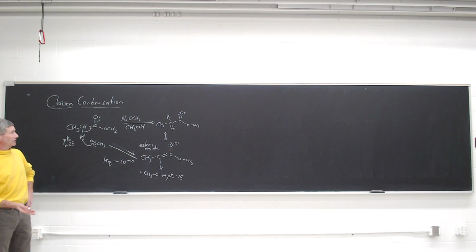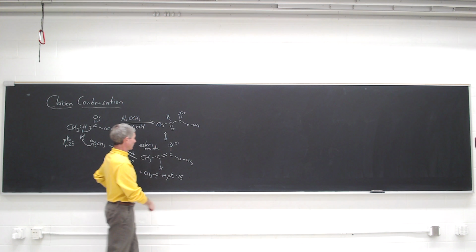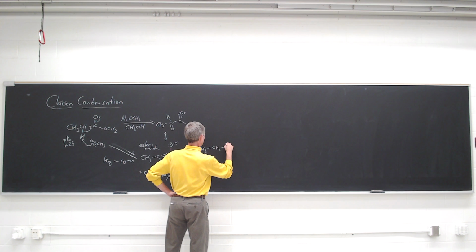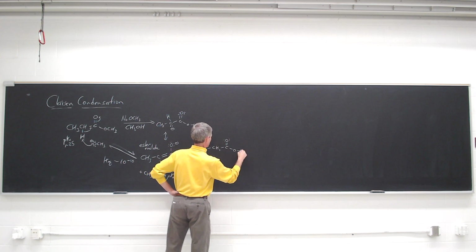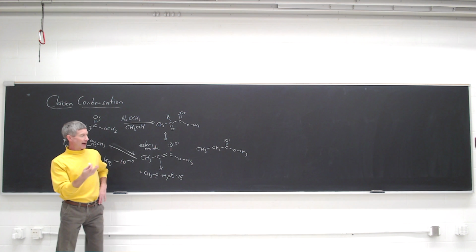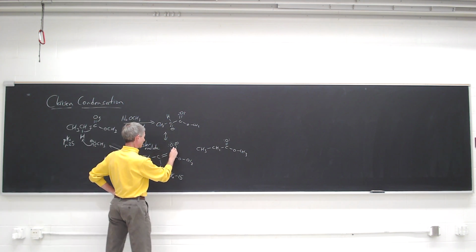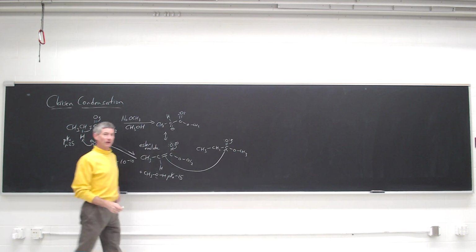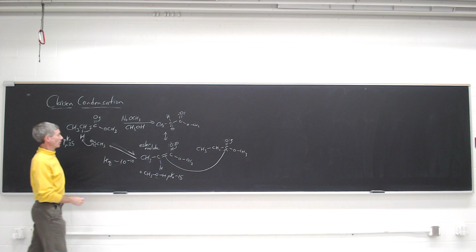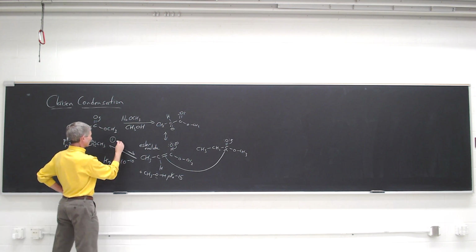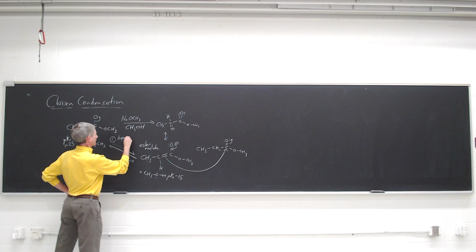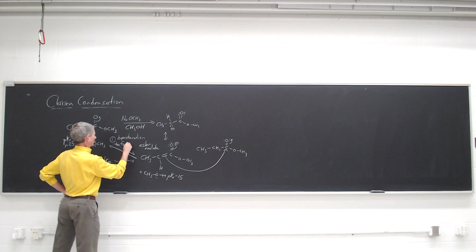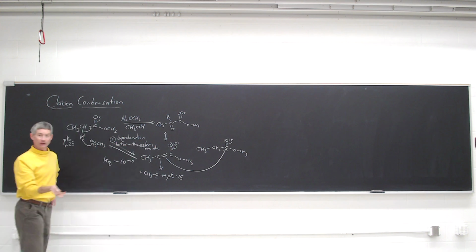There's not much ester enolate in solution, but to the extent that there is, it can now react to form a new carbon-carbon bond as this pi bond is pushed into attacking the carbonyl of another molecule of methyl propanoate. So step one is deprotonation to form the enolate, in this case, the ester enolate.